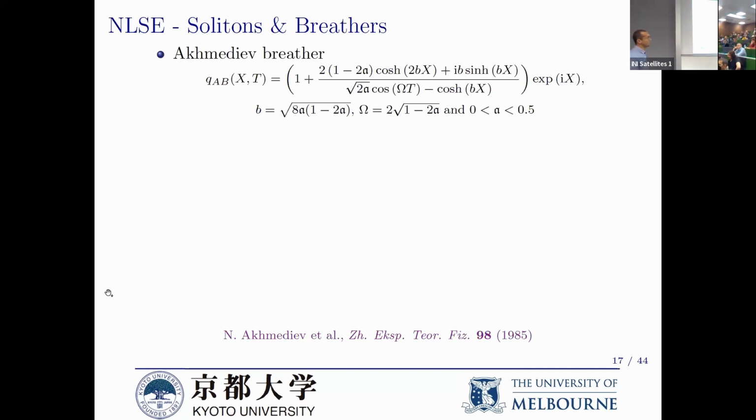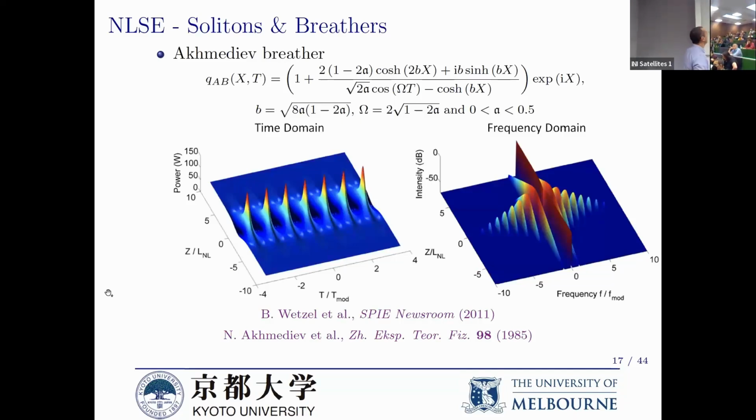Now, back to modulation instability. This is the famous Akhmediev breather solution, which has been found by Akhmediev and co-authors in 1985, and can also be derived from the Kuznetsov-Ma breather. The interesting fact about this solution is that we call it the nonlinear stage of modulation instability, because it not only describes the initial three-wave system initialization, if you wish.